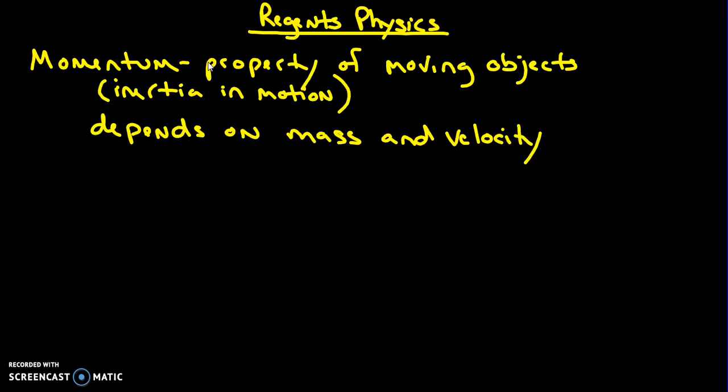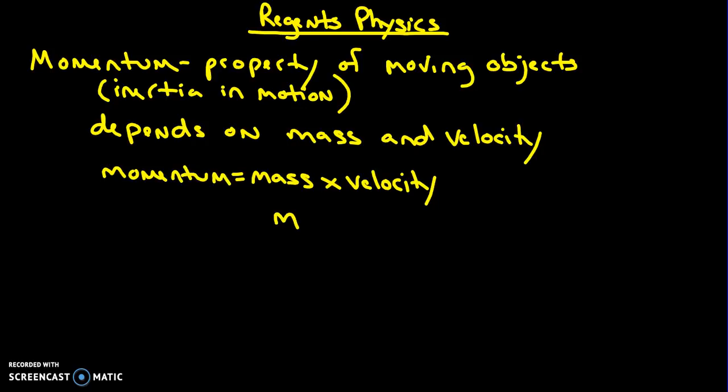So we basically take mass and we multiply it by velocity, and that is equal to momentum. Now, the symbols that we use for these three quantities, you know mass and velocity, so mv on the right-hand side. The symbol we use for momentum is the letter p. So we have p equals mv.